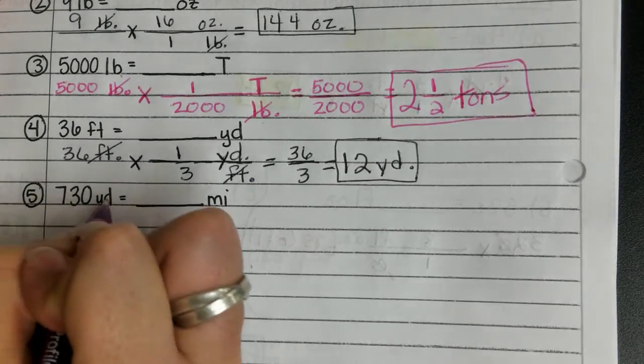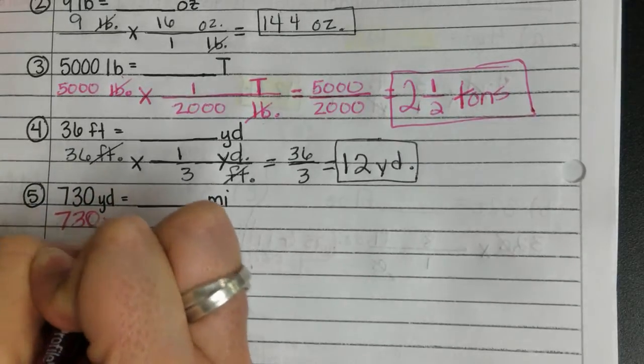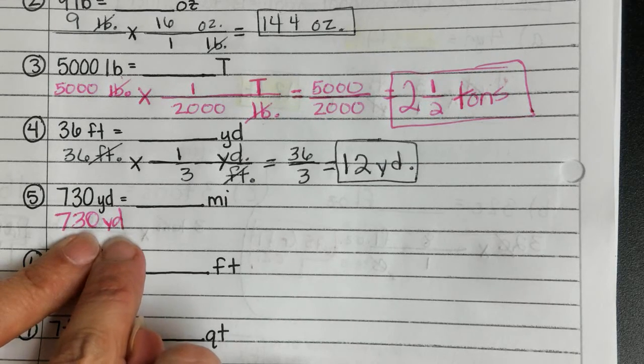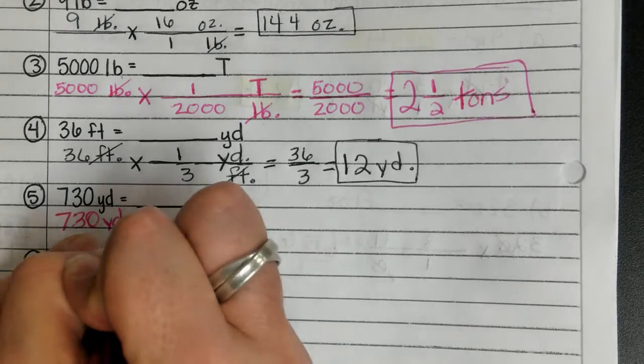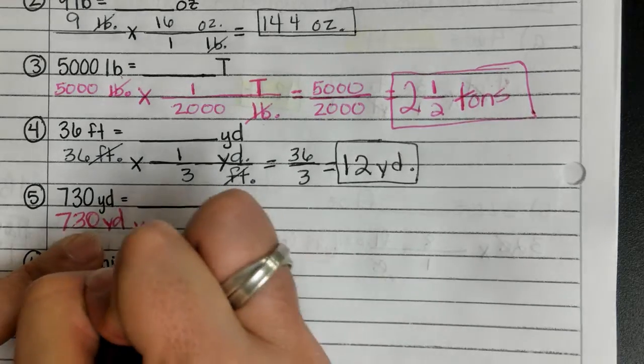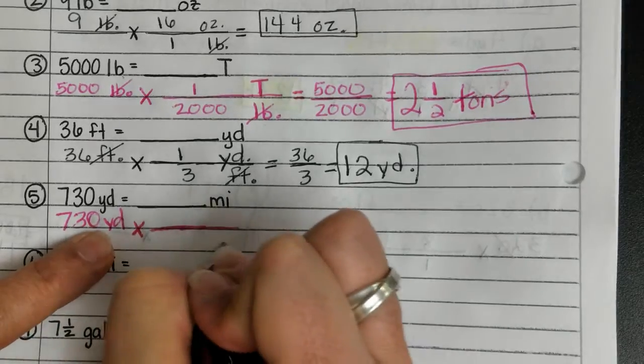So I see that they gave me 730 yards. If you're doing this with me, help me out here. 730 yards. I know the next step is times, and we're going to put that fraction bar second with the yards on bottom.